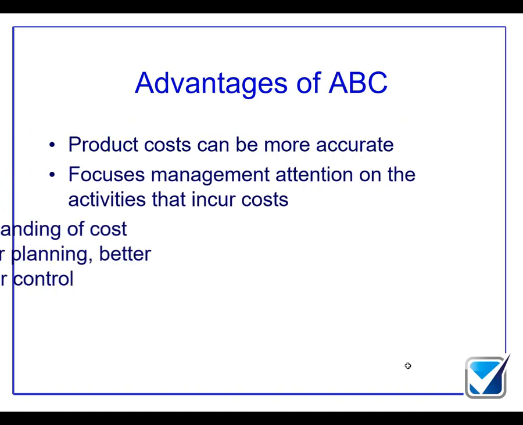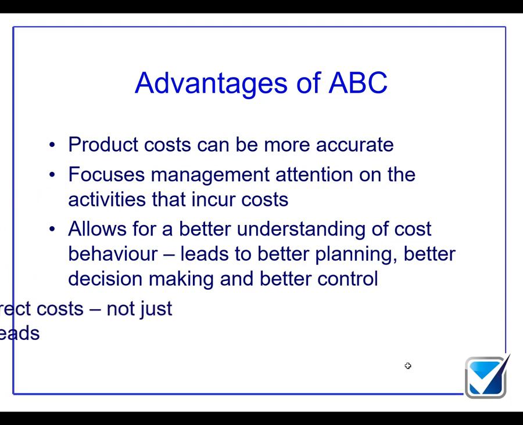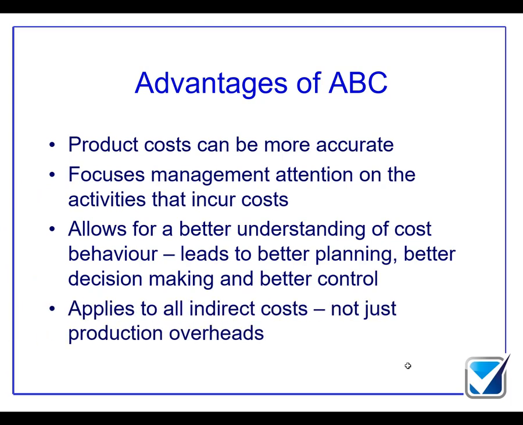However, some of the real positive things about ABC, number one, it means that we have a more accurate cost per unit. If we have a more accurate cost per unit, it means that our pricing strategy can be more effective within the market. Our decision making on pricing and costs will be improved because we have better insight into what is driving that cost.